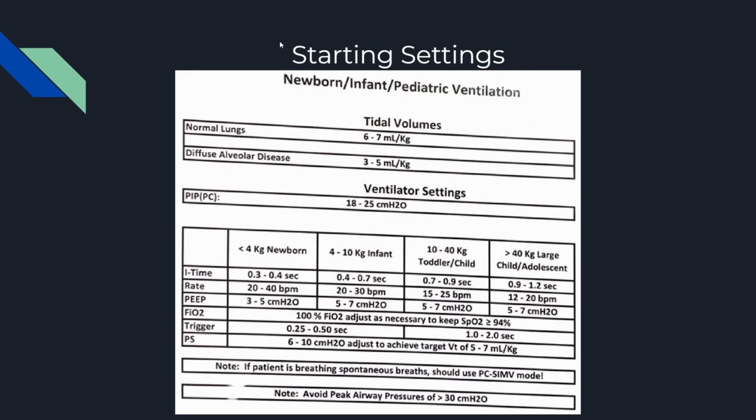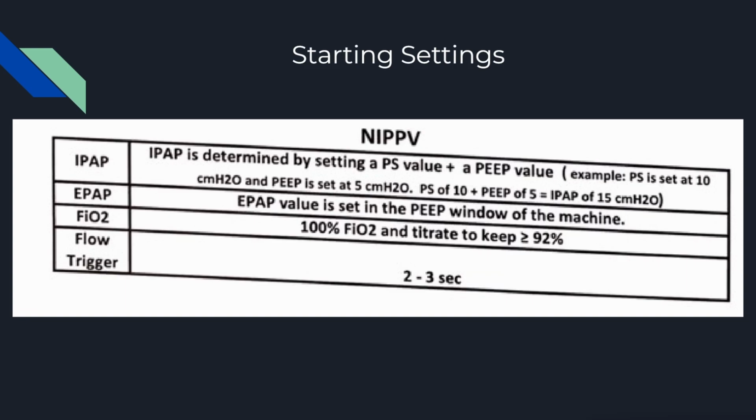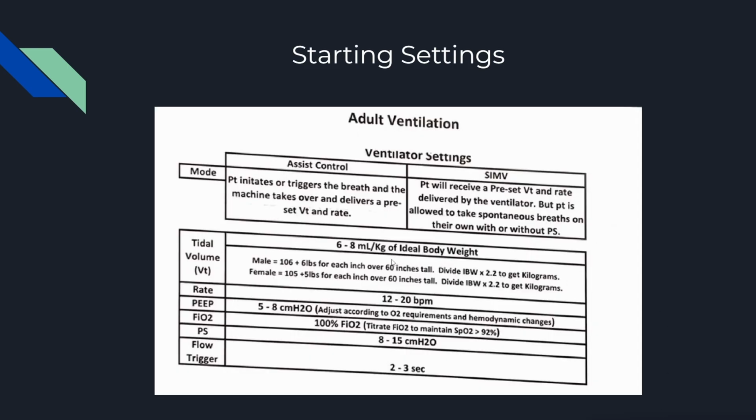Then for your infants, I'm going to go over this just real quick, but again, this is hanging off of the vent. So if you need it, it's there. For normal lungs, you're going to do 6 to 7 mils per kilo. Again, this is going to be off of your ideal body weight. And in fact, here, let me go back. For those of you that don't know how to calculate the ideal body weight of a child, it's pretty simple.